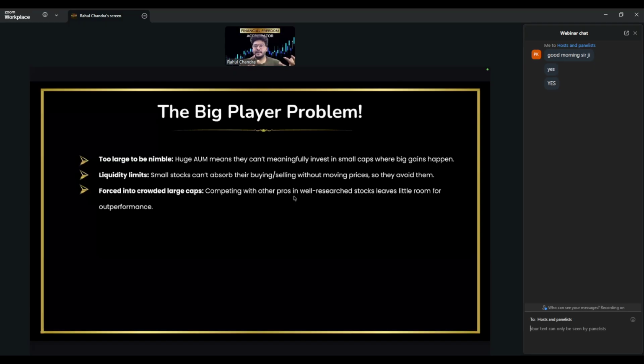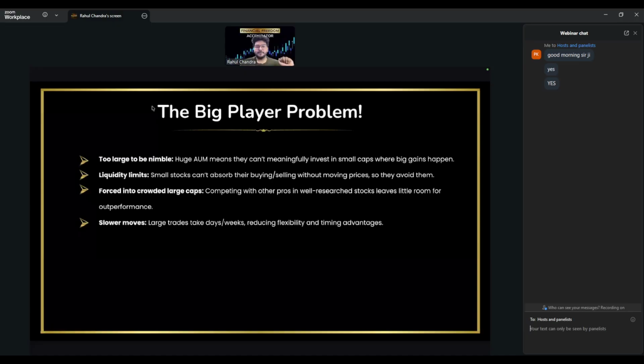So this leaves them with little room for outperformance. Does that make sense? Everybody is facing the first two problems, and as a result, they can only operate in the large or in some cases the mid cap space. But that is where the problems start arising, because you are competing with other pros who are having the same problem, and you are crowding into this very, very niche space.